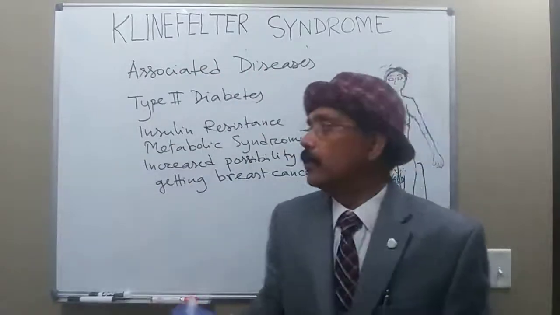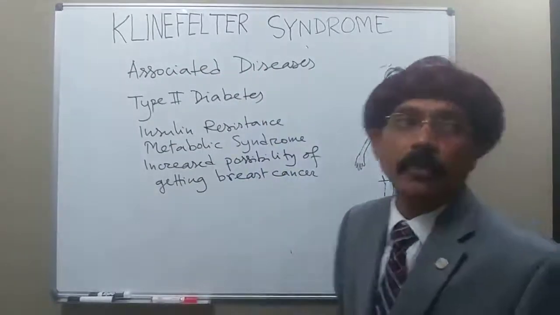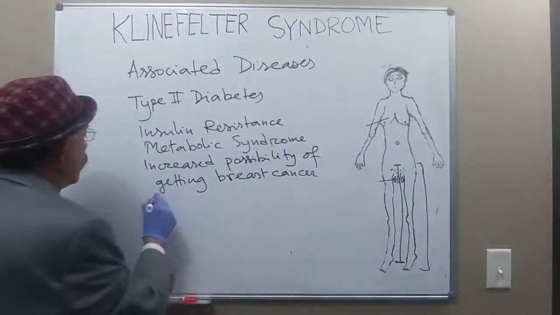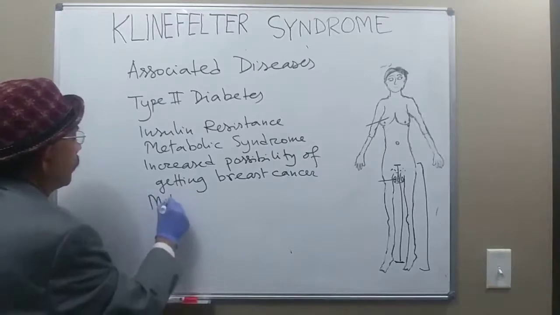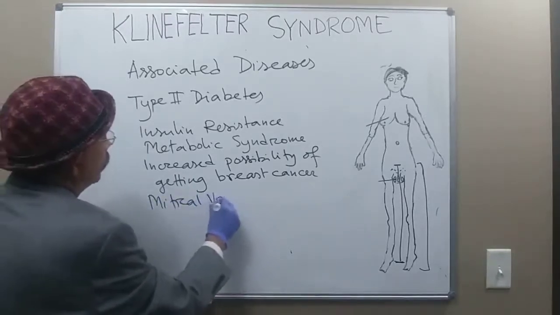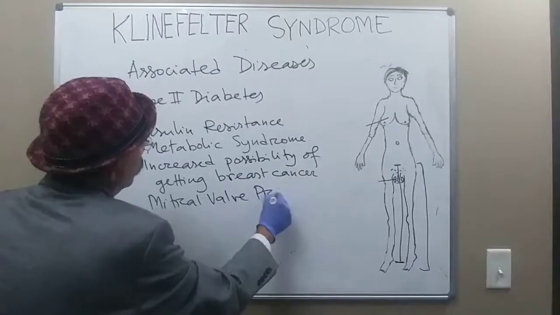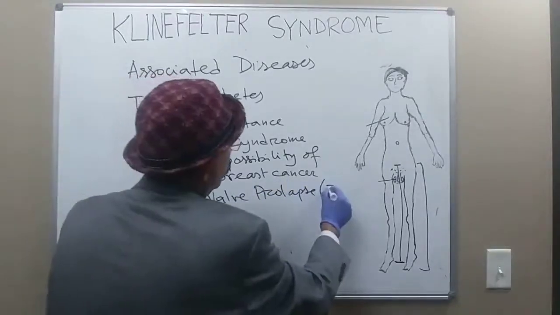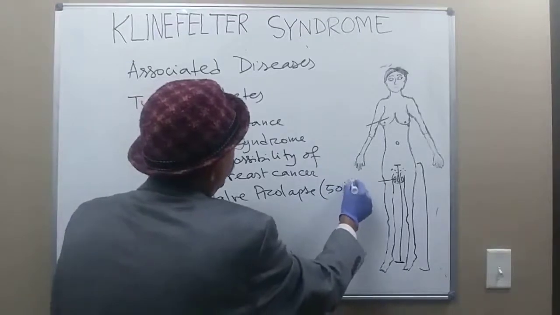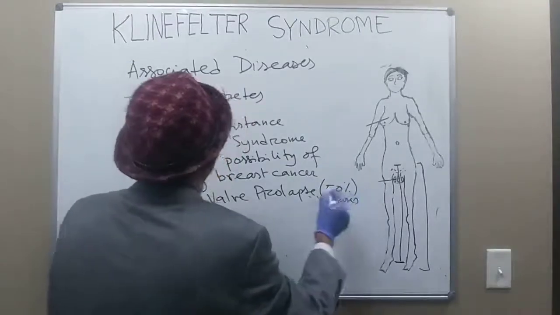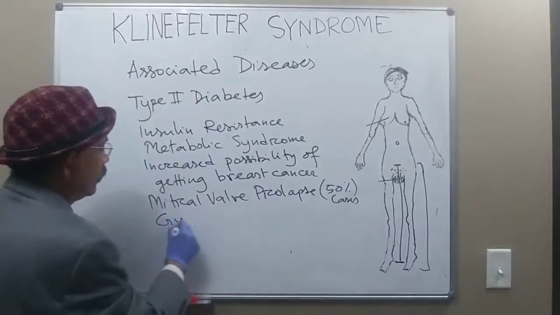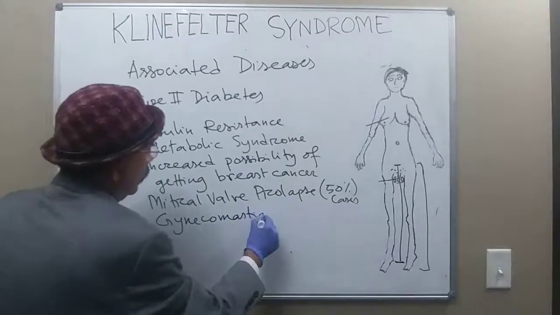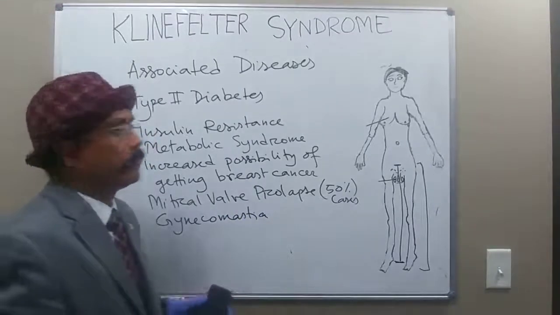Then we must know that in Klinefelter syndrome, around 50% of cases may have mitral valve prolapse. Okay, around 50% cases of Klinefelter syndrome, and certainly gynecomastia, that is enlarged breast.